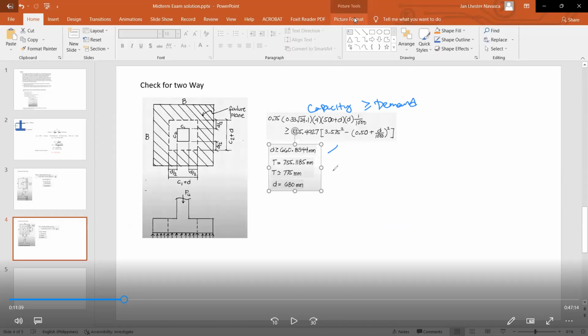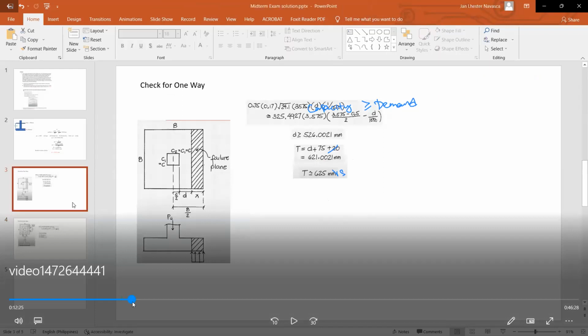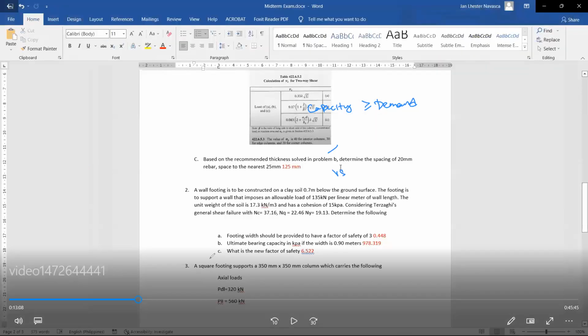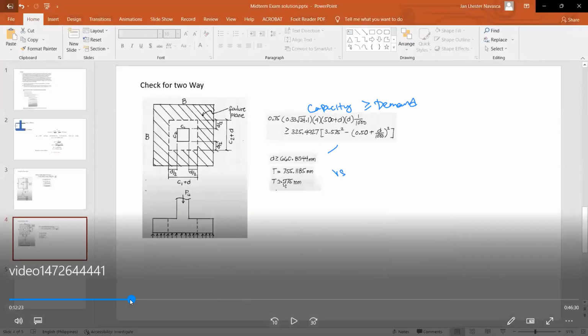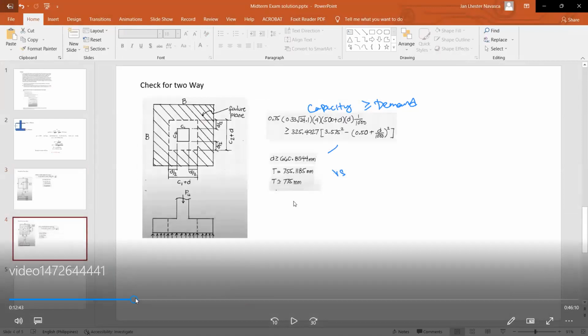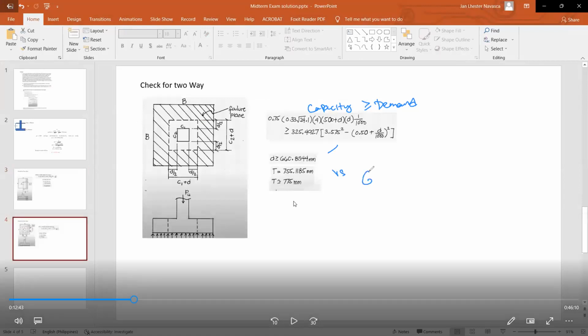So 775 ang required based on two-way versus 600, ano ba yung isa? 625 versus 625 based on, if you based on the one way. Yan. So based on two-way, that is 625.